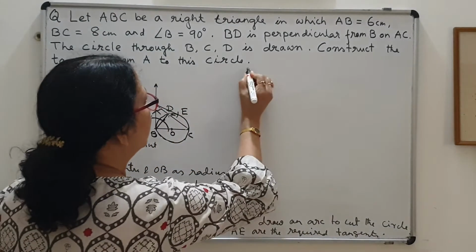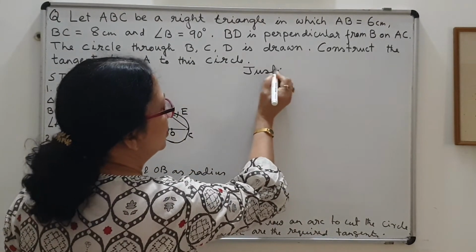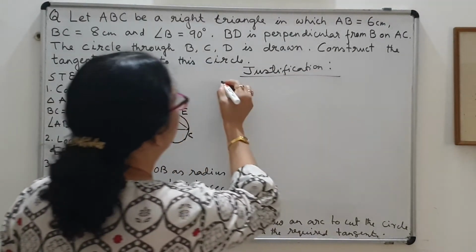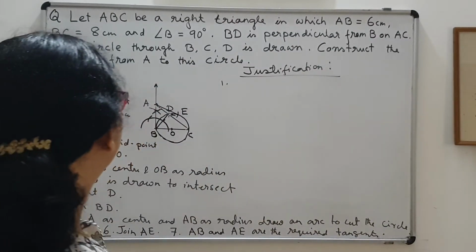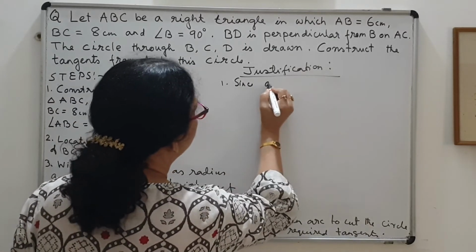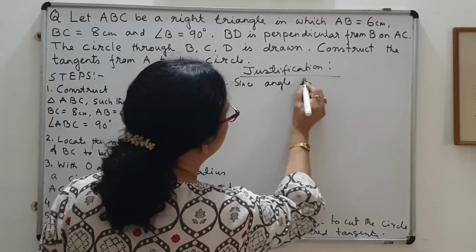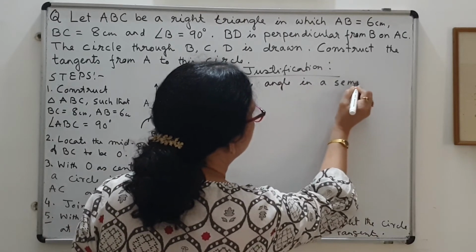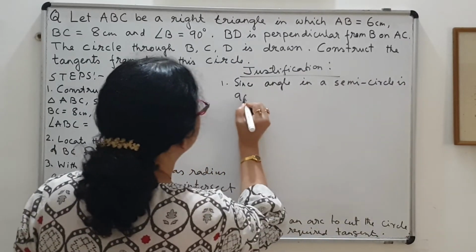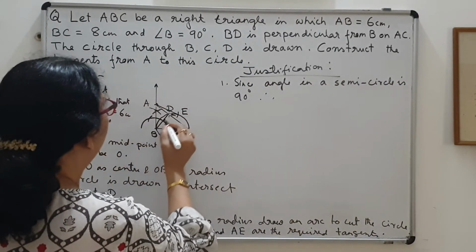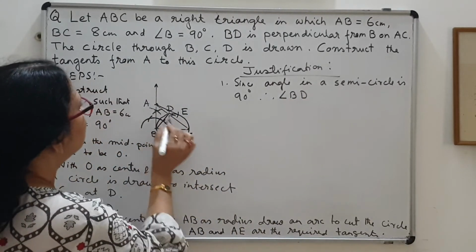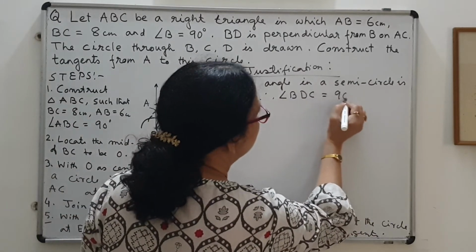Now this is the most important part, the justification, without which it is incomplete. I have to give the justification. First part: since the angle in a semicircle is 90 degrees, therefore angle BDC is equal to 90 degrees.